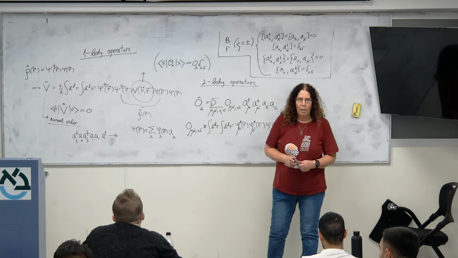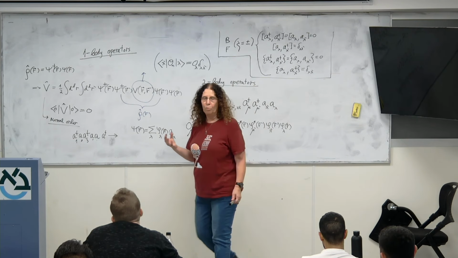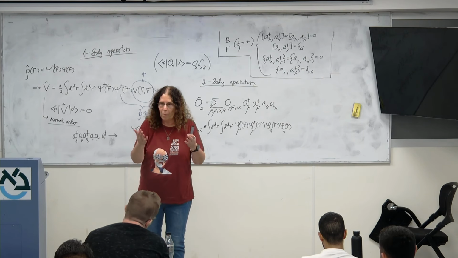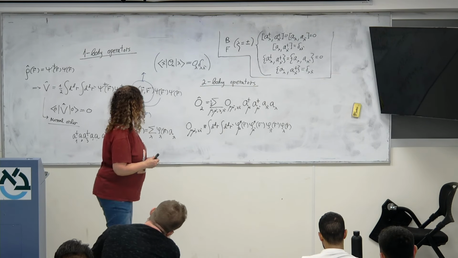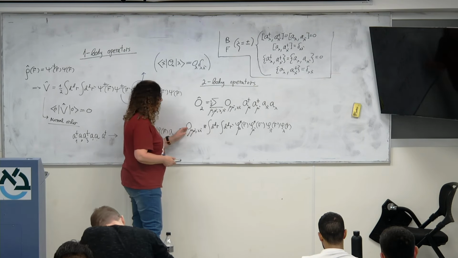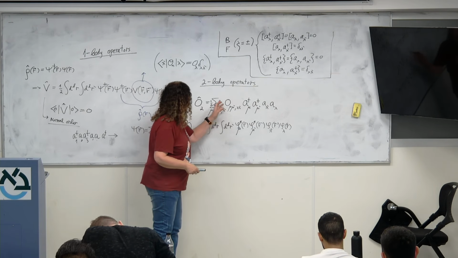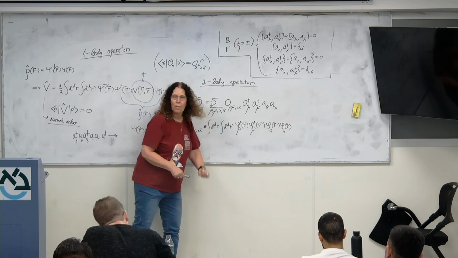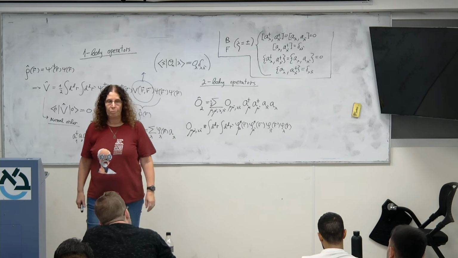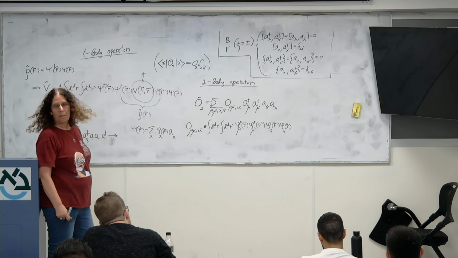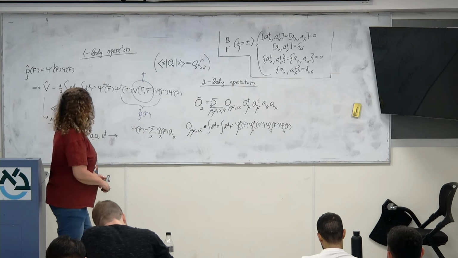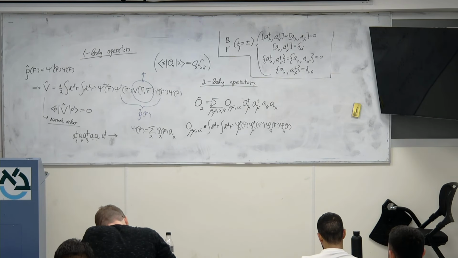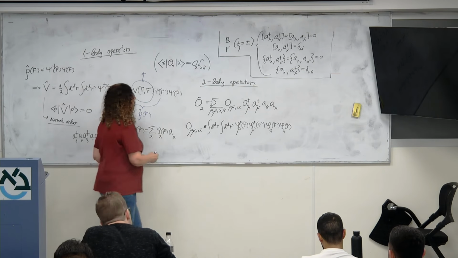The result may contain a delta of mu and lambda, or it may contain some restrictions, it doesn't matter, but in general, you can have some complex number here that results from these integrals. All right, so that's the most general form of a two-body operator.